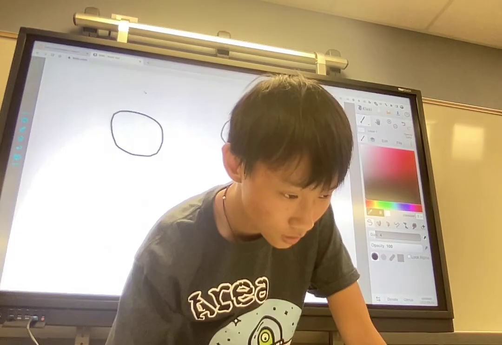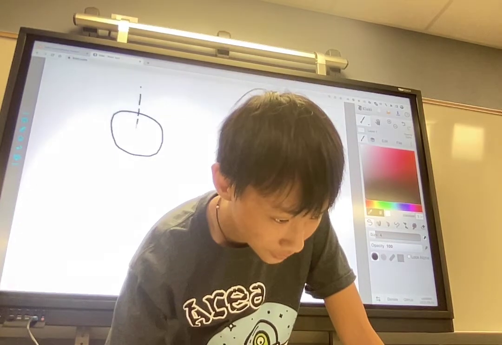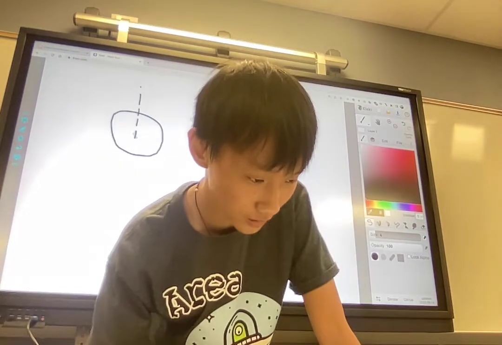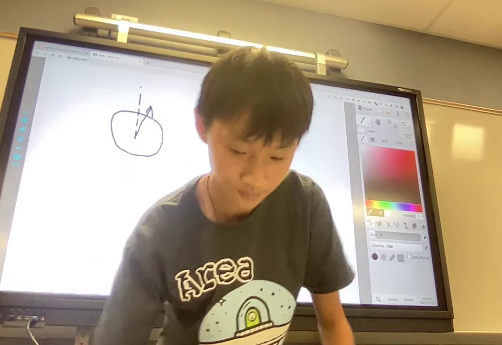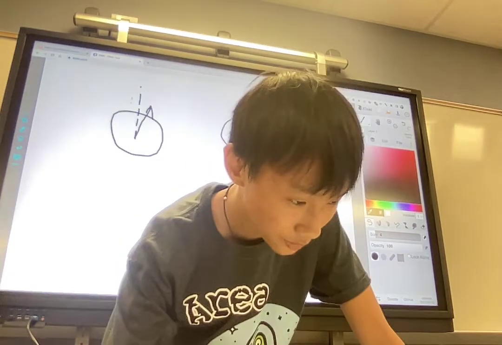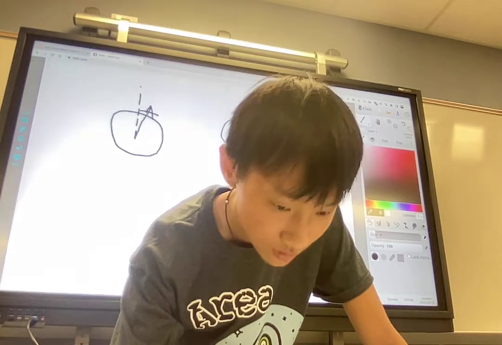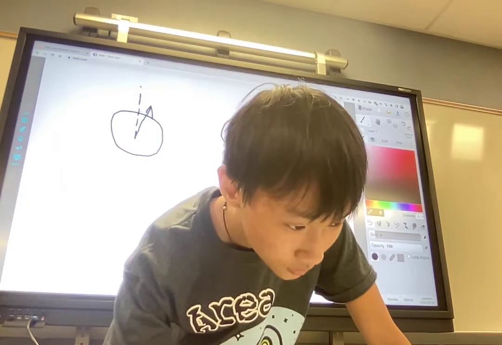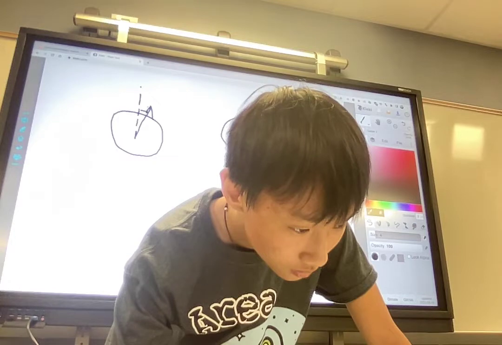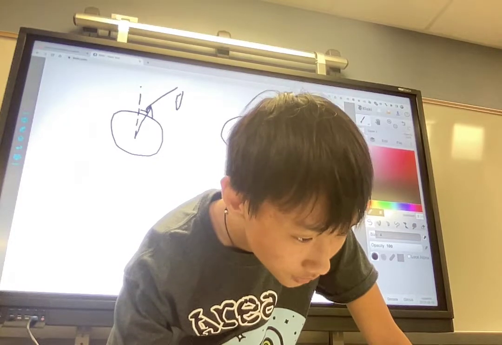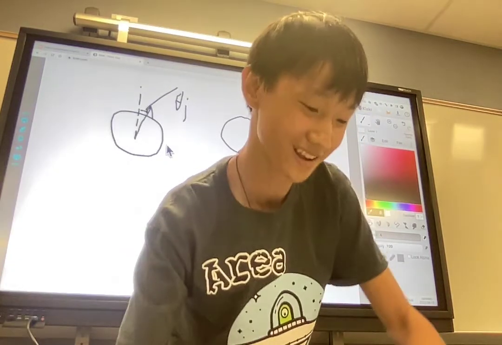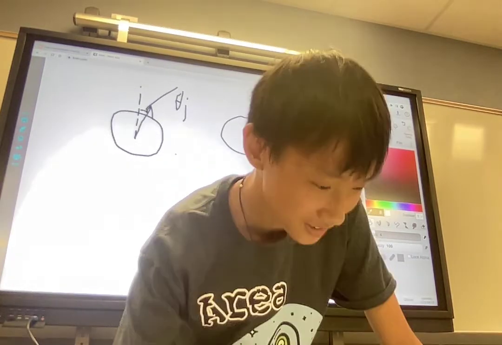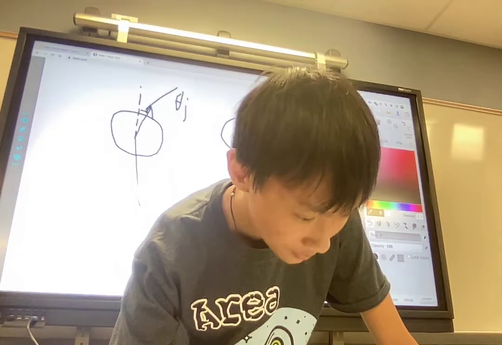So let's just draw a dotted line here to denote that this is 0 degrees. And let's say that the driver points the joystick in this direction. And then that creates an angle here, and we're just gonna call it theta J. And then we also have the robot heading, which is pointing backwards like this.